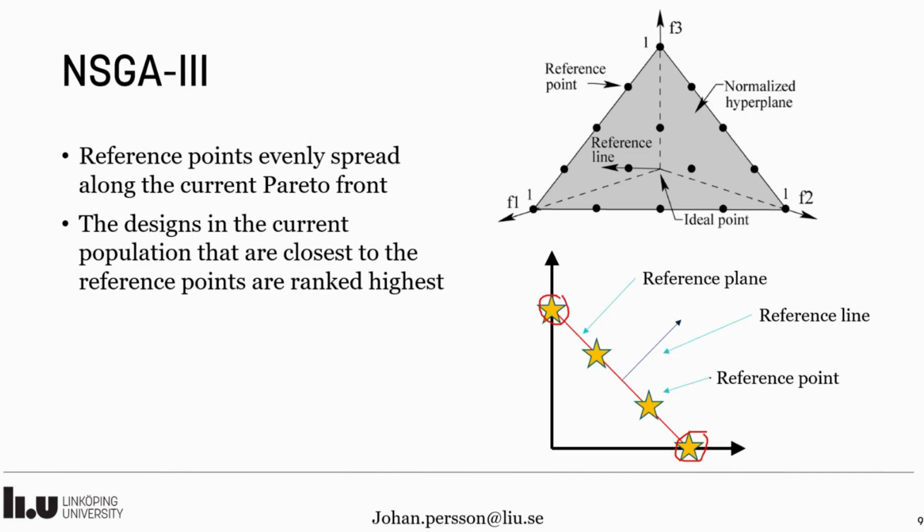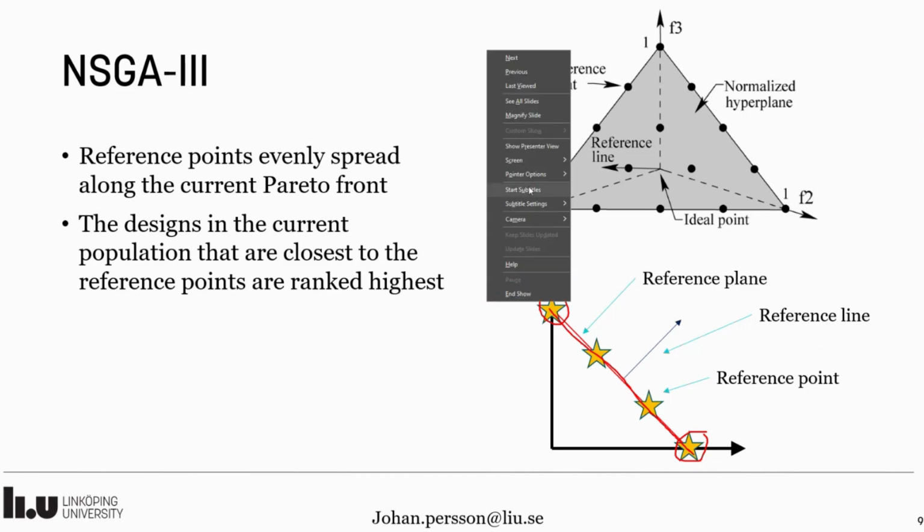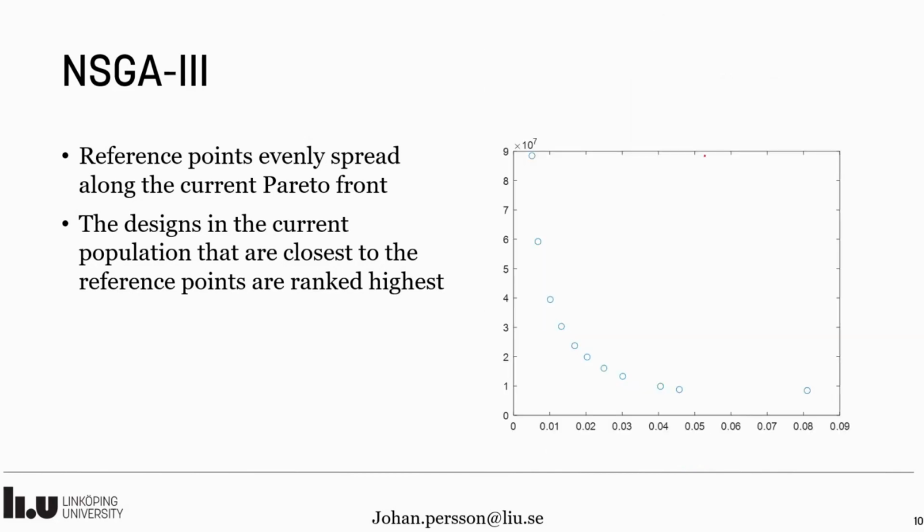And then he creates an imaginary reference plane between these optimal designs, and then he specifies how many designs he would like to have, and will then create reference lines so that they are evenly spread. I hope that the next slide will show this.